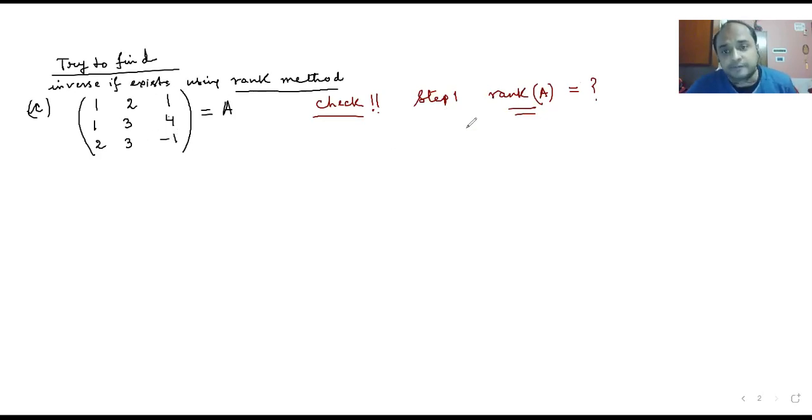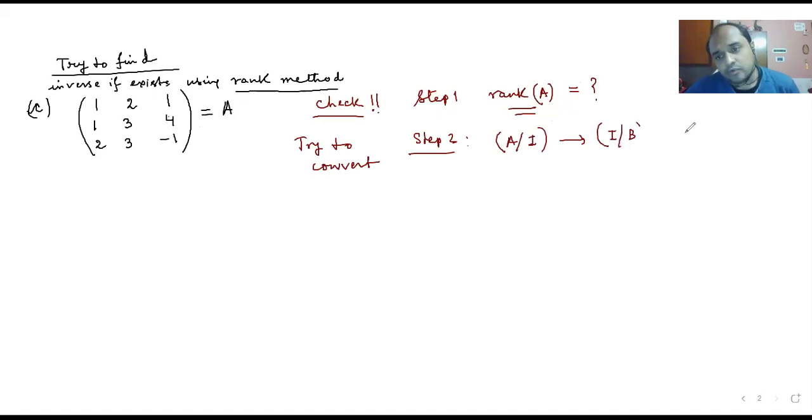Now, if it is equal to the order of the matrix, then step number 2 is: you try to convert [A | I] to [I | B], where I is the identity matrix of order 3.